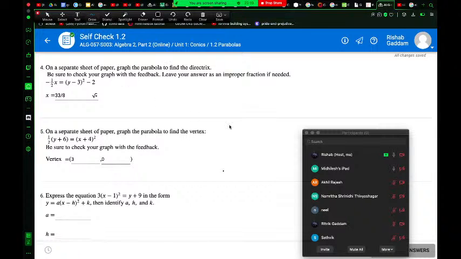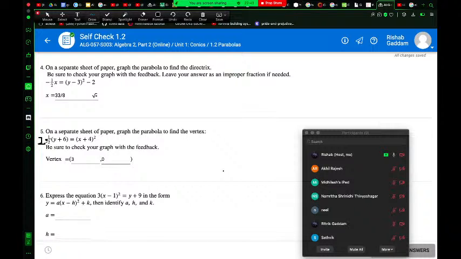So the first thing we have to do is fix up this equation. We multiply both sides by 2, because there's a 1/2 on this side, so to cancel it out we multiply by 2 on both sides.